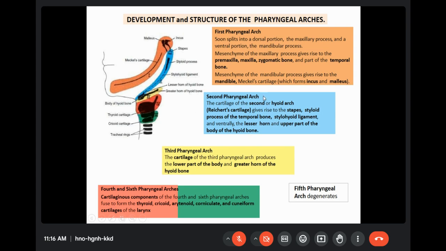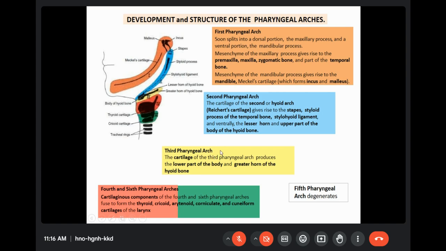Next, second pharyngeal arch will make the cartilage of the second hyoid arch, and also it gives rise to the third bone of the middle ear, the stapes, and also the styloid process of temporal bone, stylohyoid ligament, and lesser horn and the upper part of the body of hyoid bone.